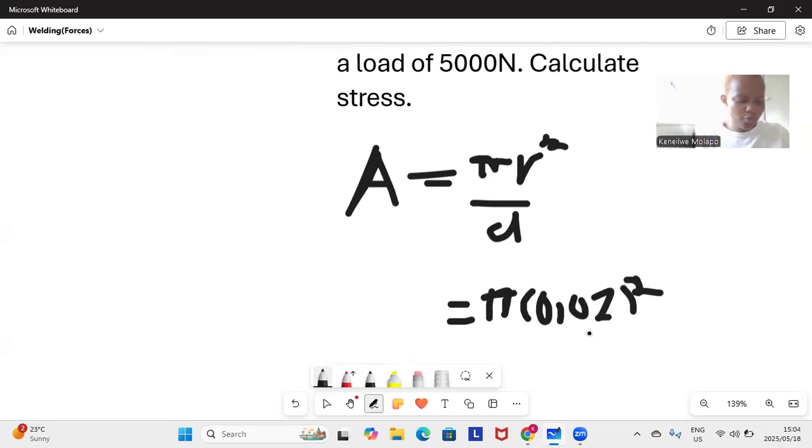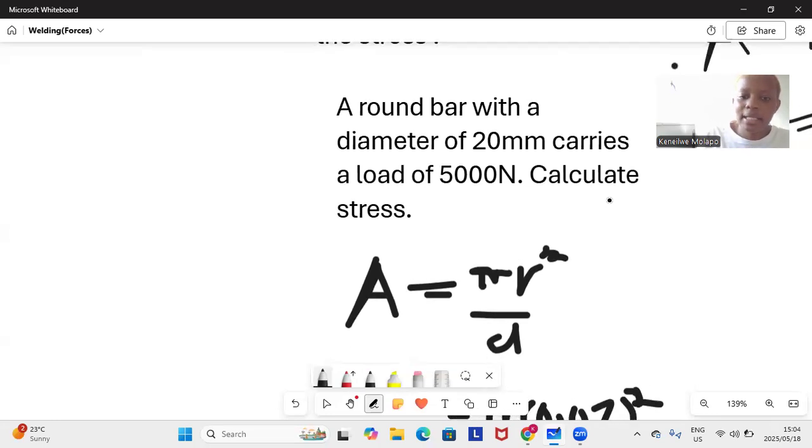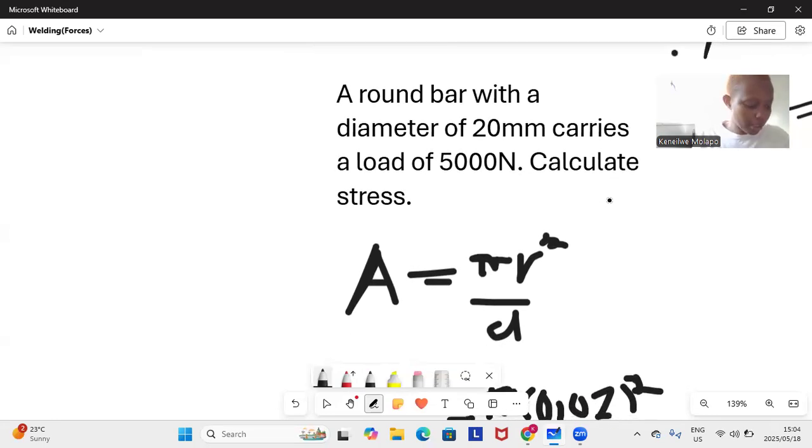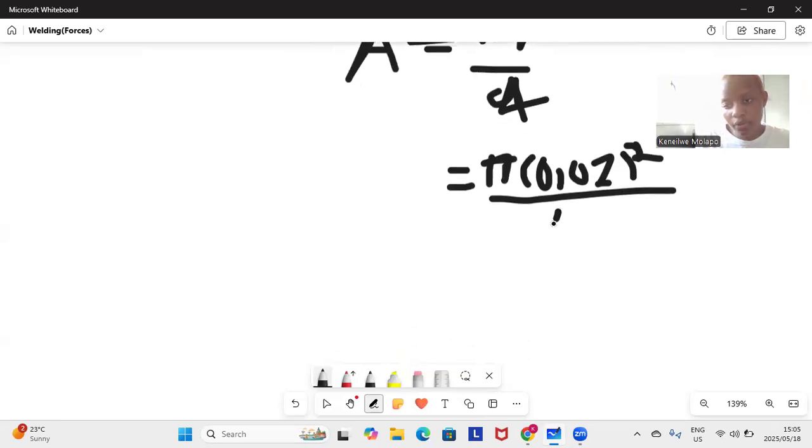Pi r squared over, no, not distance, over the diameter. I didn't read the statement first. It says a round bar carries a diameter of 20 millimeters. So the formula is pi r squared over 4.